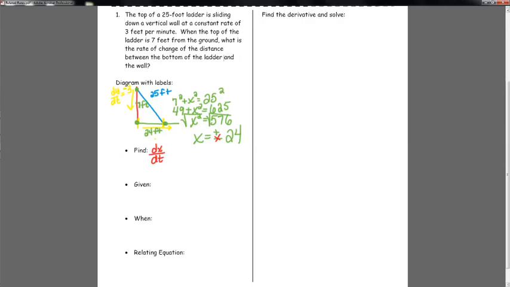My given was dy dt is equal to negative 3. They gave me y is equal to 7. We found that x is equal to 24, and our r, that's the length of the ladder, was equal to 25.